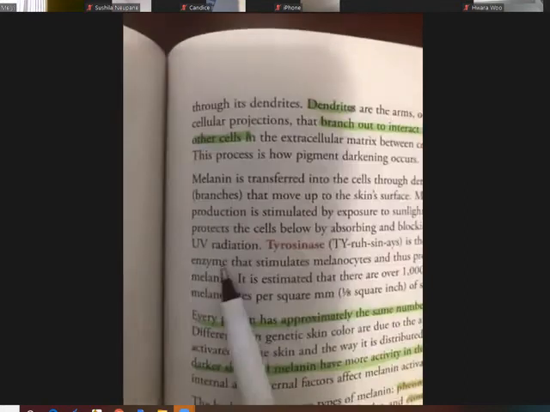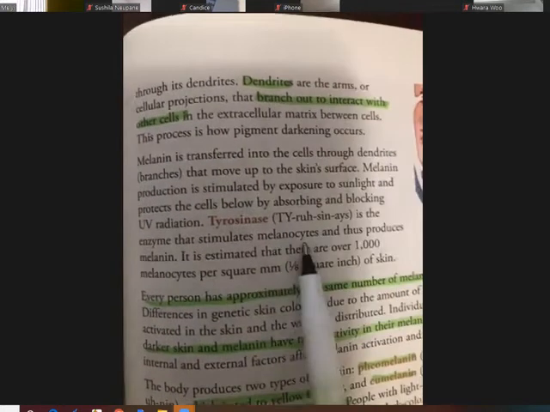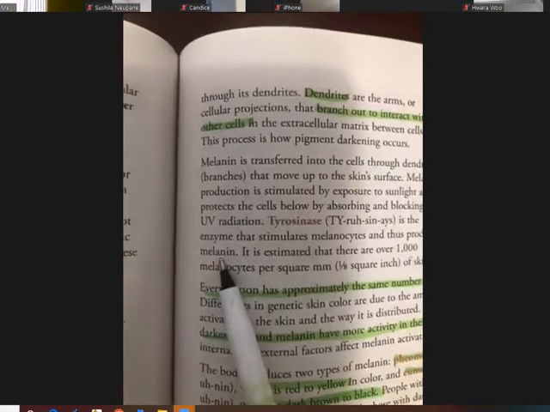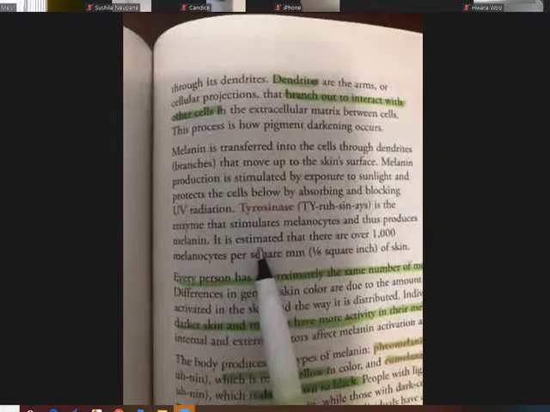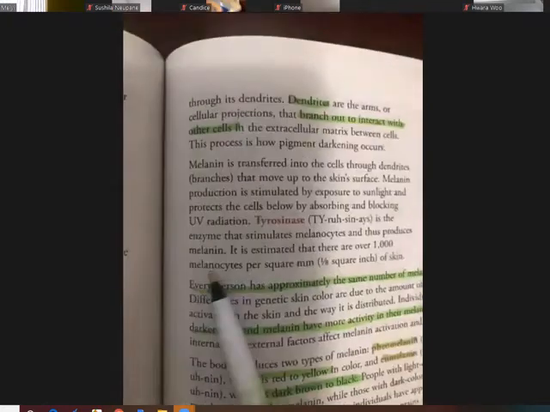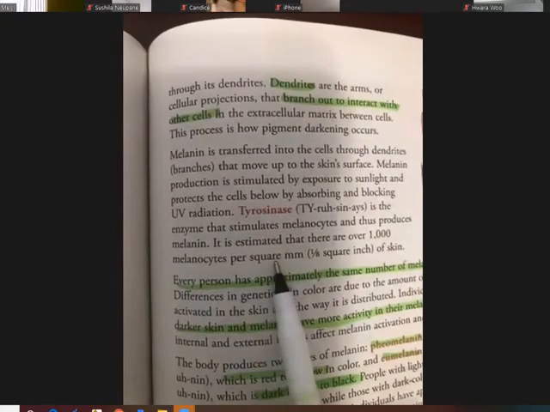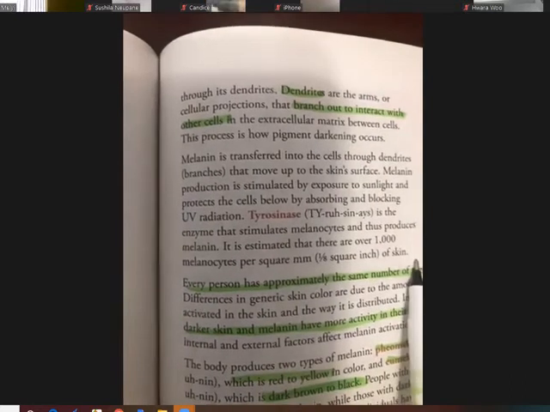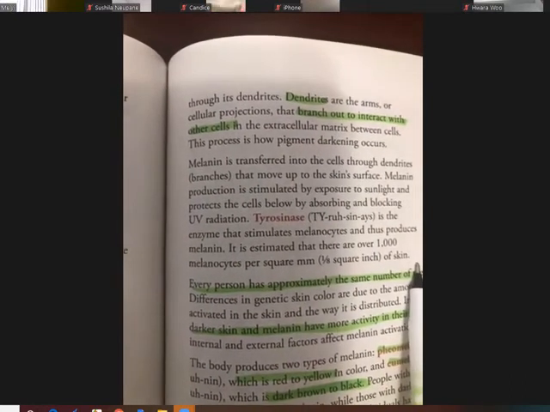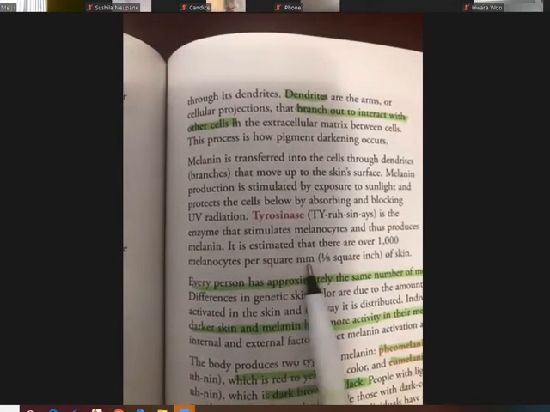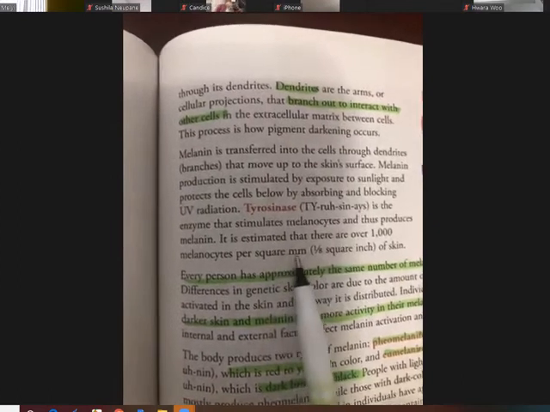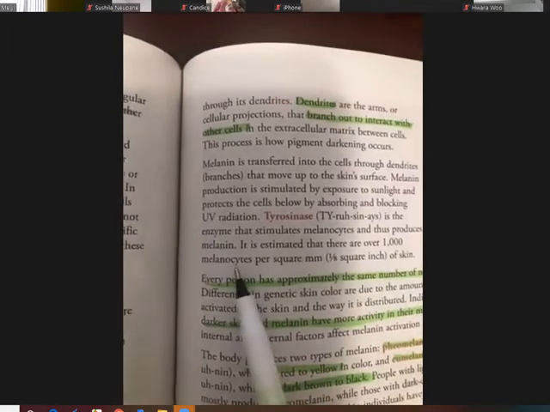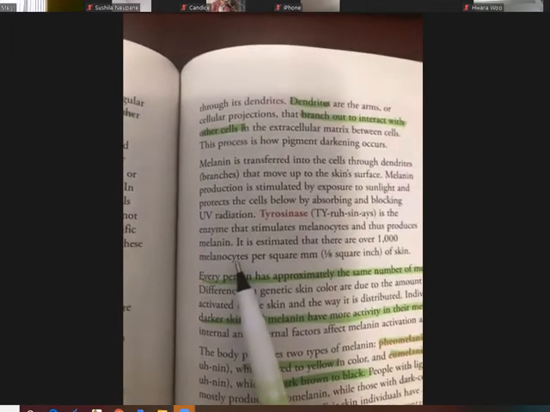Tyrosinase is the enzyme that stimulates melanocytes and thus produces melanin. It is estimated there are over 1,000 melanocytes per square mm of skin. So every 1 square mm of skin has 1,000 melanocytes, 1,000 pigment cells.